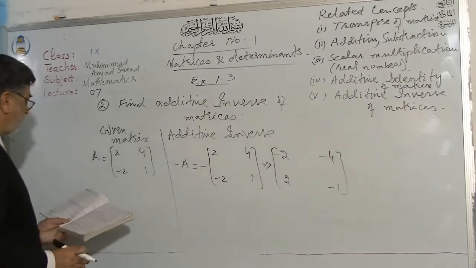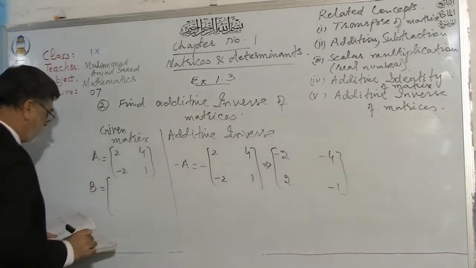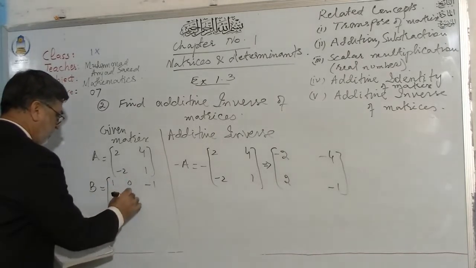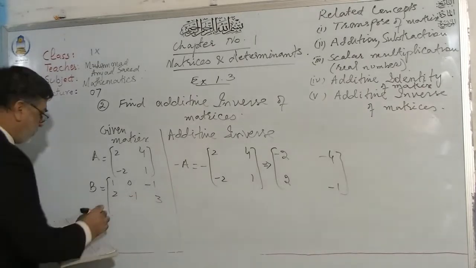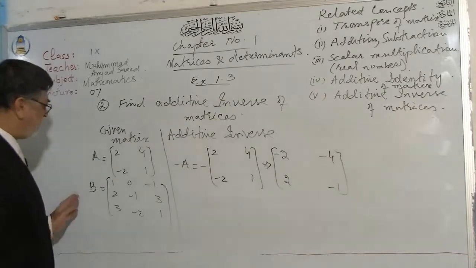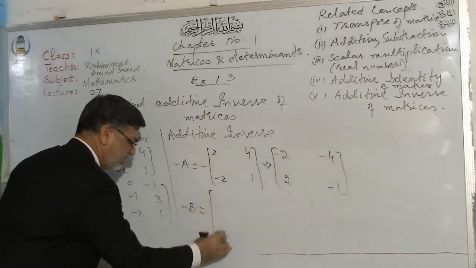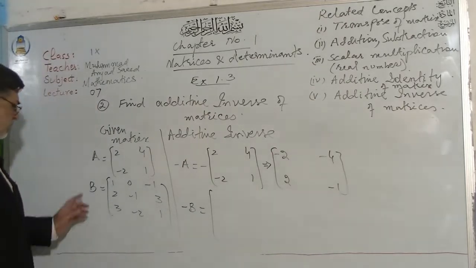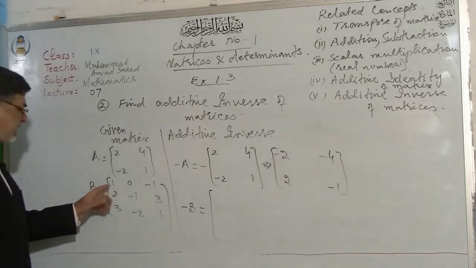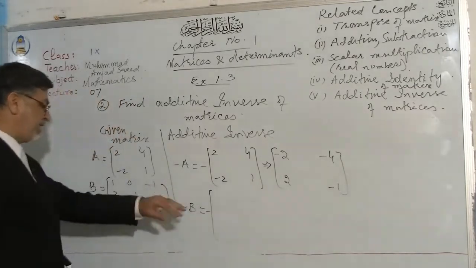Similarly, you will have B equal to 1, 0, minus 1, 2 minus 1, 3, and 3 minus 2 and 1. Additive inverse of B is minus B. So the minus sign is multiplied to all entries of the matrix. Multiply minus with both sides.